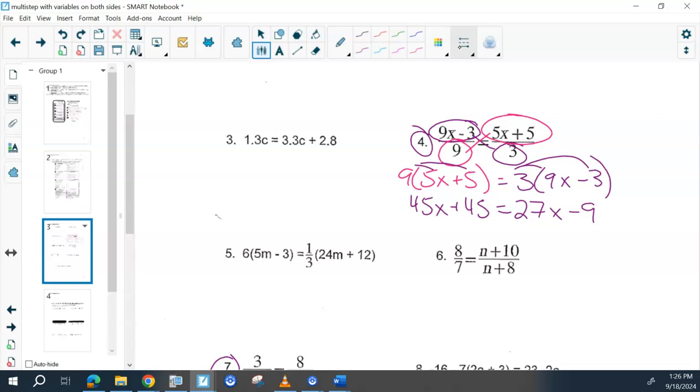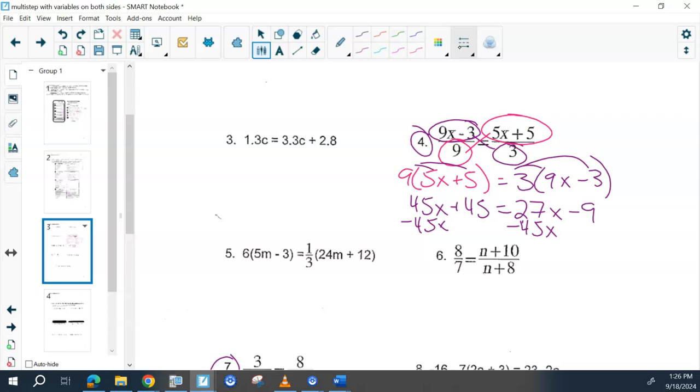I'm going to show you how to start doing this a little bit faster. Which one do we want to move first? 45x, okay. So if I'm moving 45x by subtracting to the right, now, if this is too much, you can still do this in 2 steps, but you could do this all in 1 step.